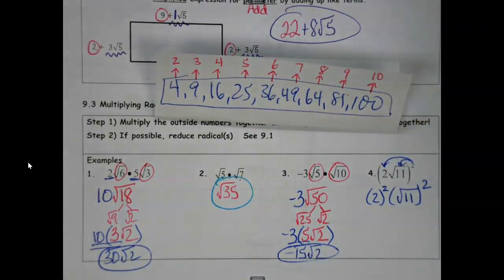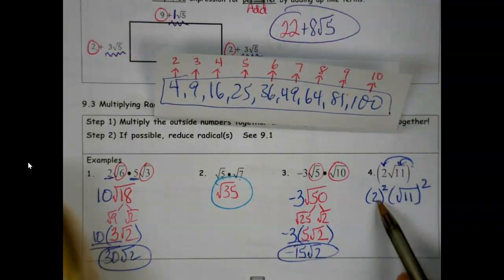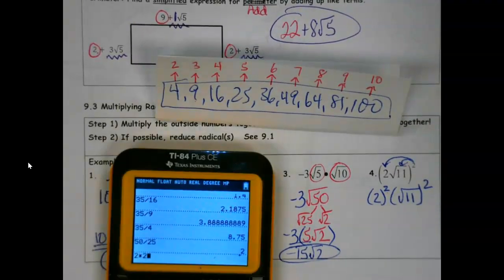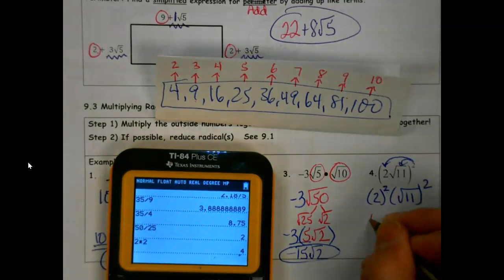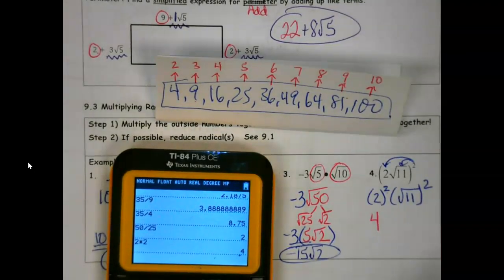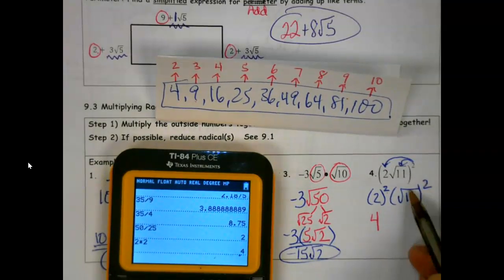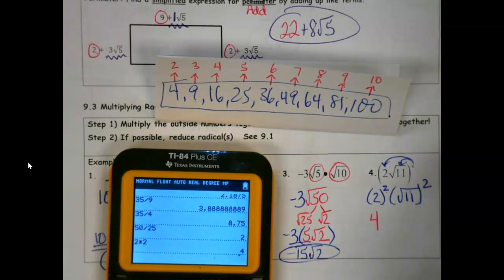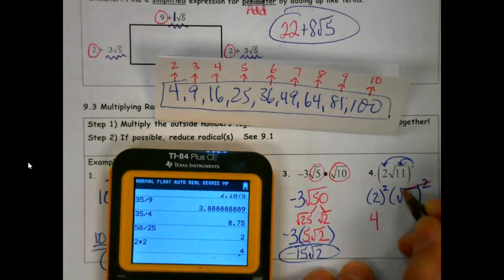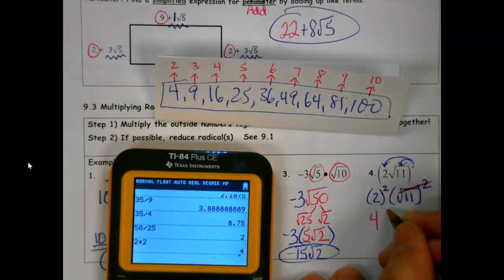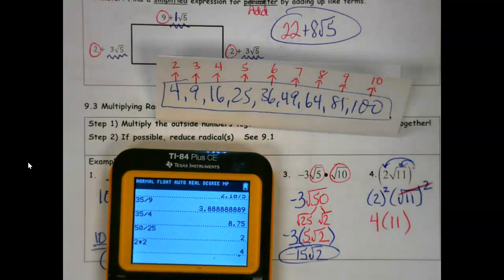Check this out. 2 squared, I can do that in my calculator. 2 times 2 is 4. But here's the trick. We're going to make this simple. Square and square root are opposites. So whenever you see square and square root together, they just cancel out and leave you with what's underneath them.